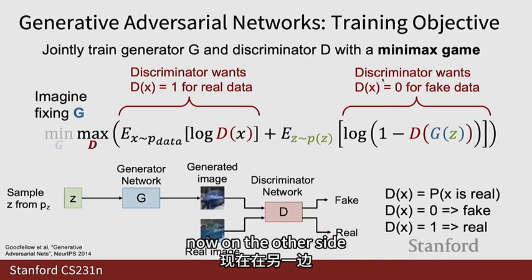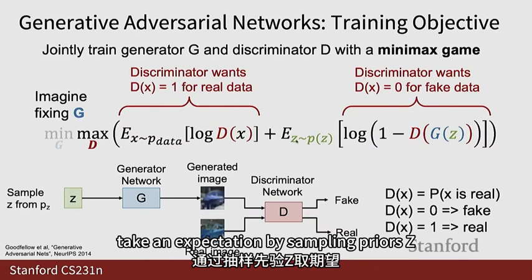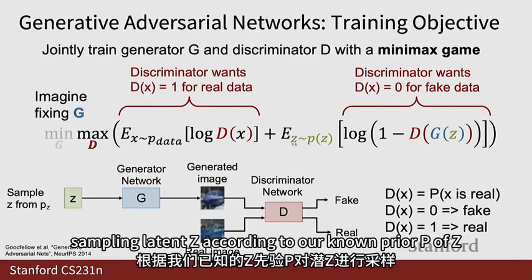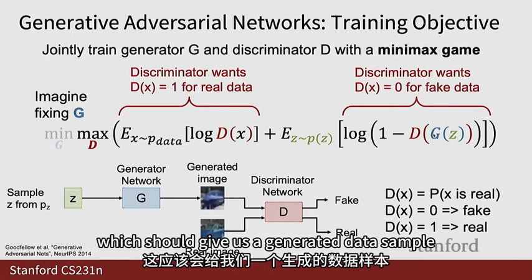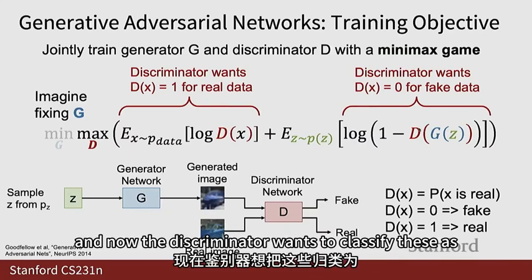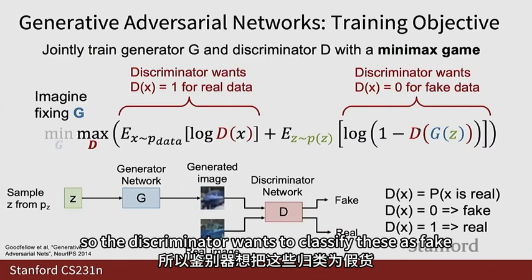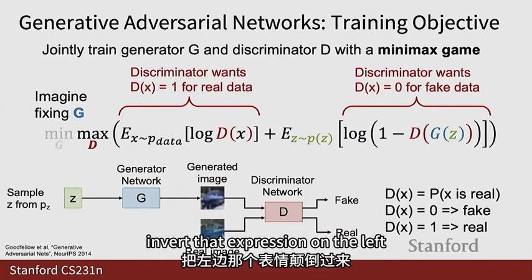Now on the other side, this is saying that we're going to take an expectation by sampling latents z according to our known prior p of z. We're going to take those z's, pass them through the generator, which should give us a generated data sample, and then pass that generated data sample through the discriminator. And now the discriminator wants to classify these as fake samples. So we need to somehow invert that expression on the left.